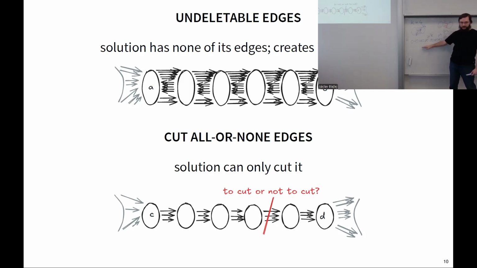You can't make it slim, but you can cut it. So just hide all these middle vertices, and that gadget models this. If you connect all pairs very much, you are modeling undeletable edges.